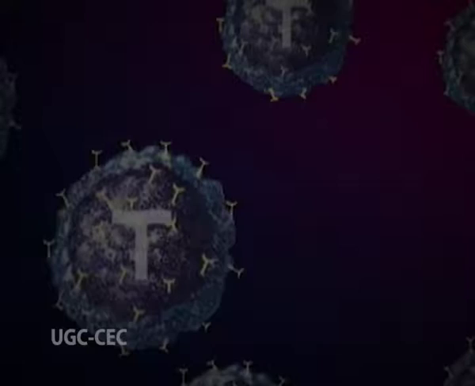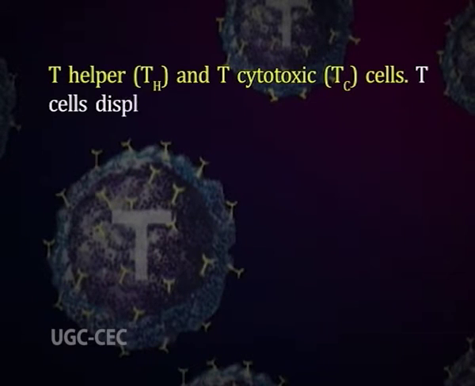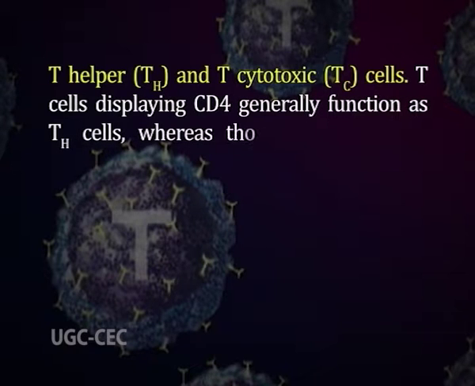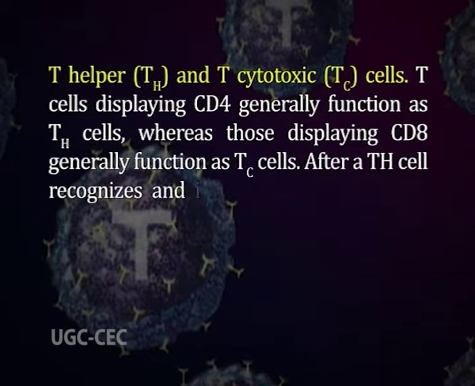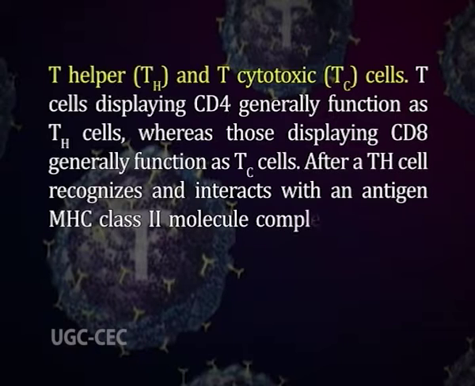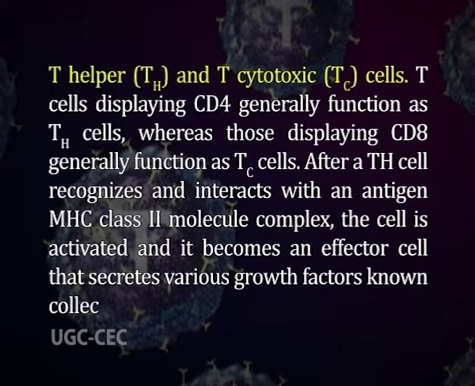There are two well-defined subpopulations of T cells, T helper or TH and T cytotoxic or TC cells. T cells displaying CD4 generally function as T helper cells, whereas those displaying CD8 generally function as TC cells. After a T helper cell recognizes and interacts with an antigen-MHC class II molecule complex, the cell is activated and becomes an effector cell that secretes various growth factors known collectively as cytokines.